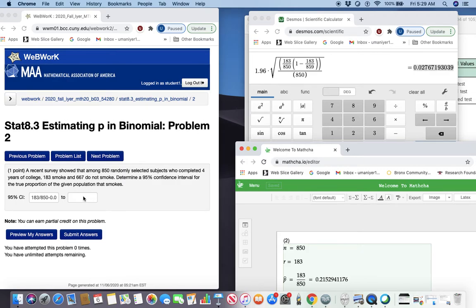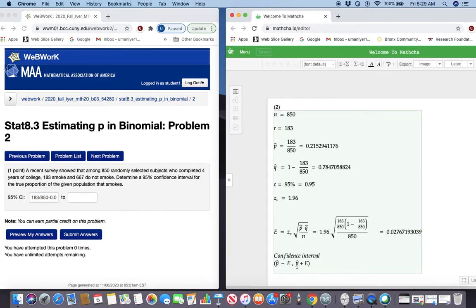As far as I could, I avoided approximation. Okay. And the right-hand point is P hat plus E. P hat is 183 over 850. Add E. All right.